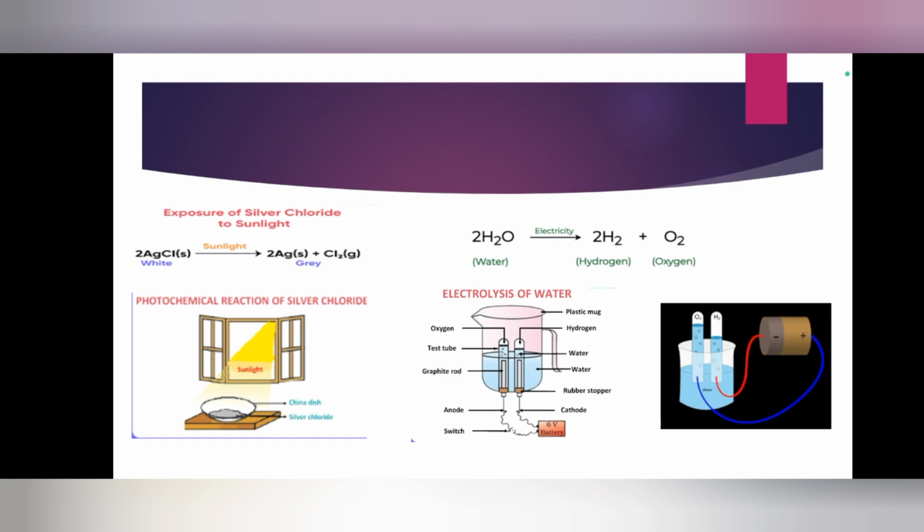The reason is that silver chloride is used in them. This silver chloride decomposes to form silver and chlorine, so the white color turns grey, and it completely spoils whatever we have taken as a photo.